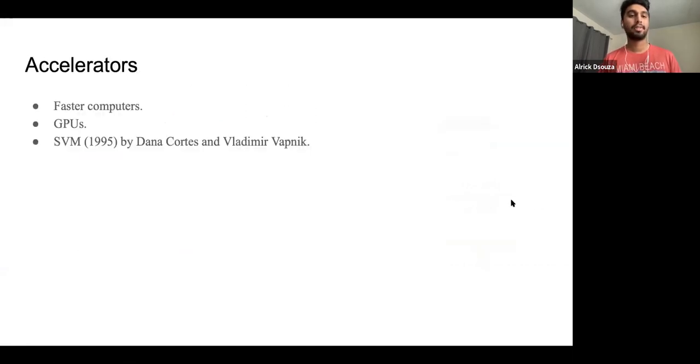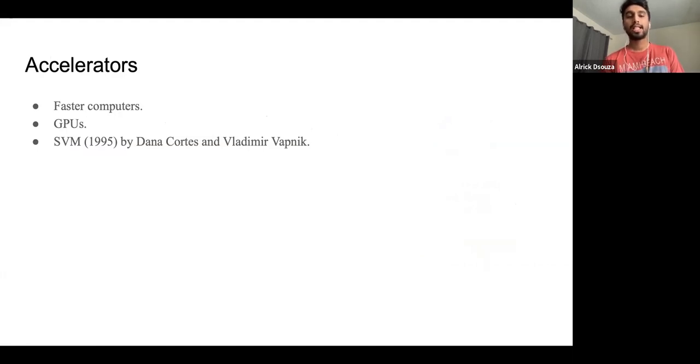But in the late 90s, there were faster computers, and in 1999 there was the invention of GPUs. GPUs stand for graphical processing units, and they are used for parallel computing, so they speed up your deep learning by over 1,000 times.